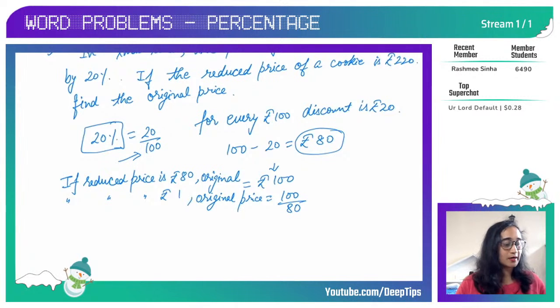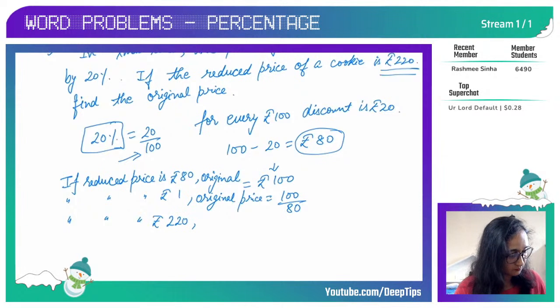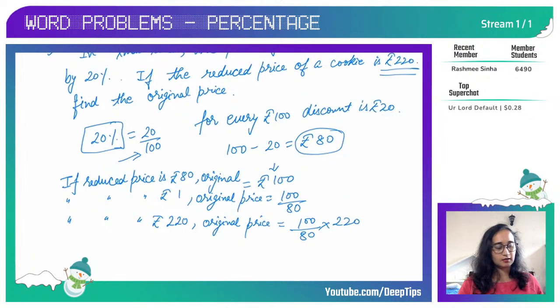Now reduced price is given in the question as 220. So if reduced price is rupees 220, original price will be 100 by 80 into 220. So now we can calculate this to find the original price.